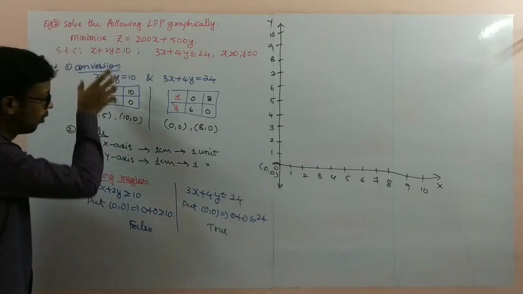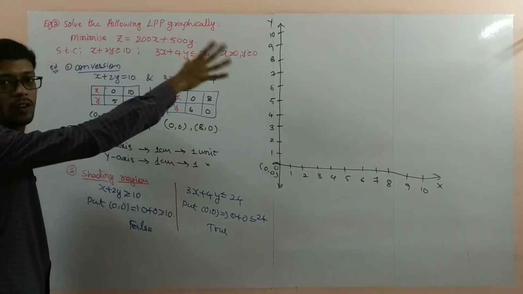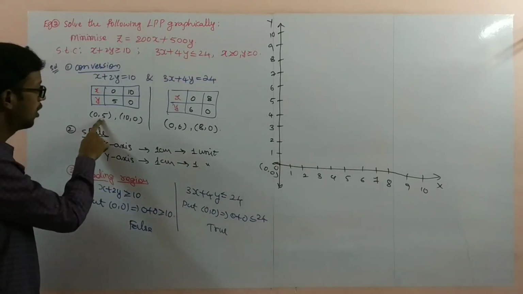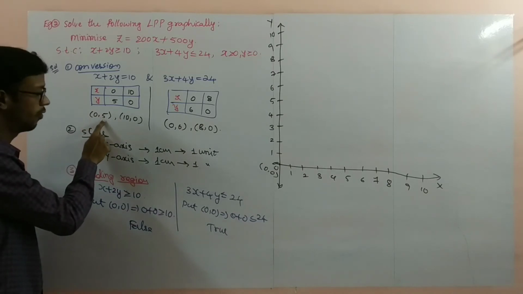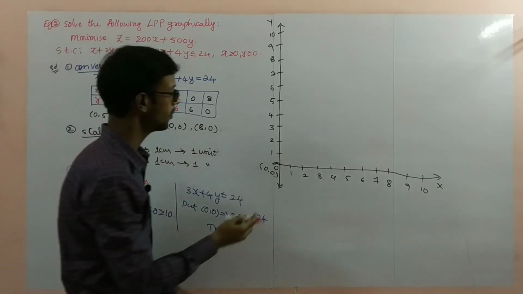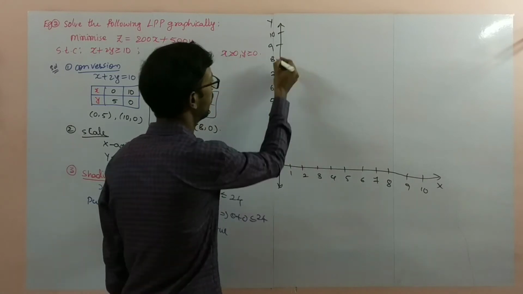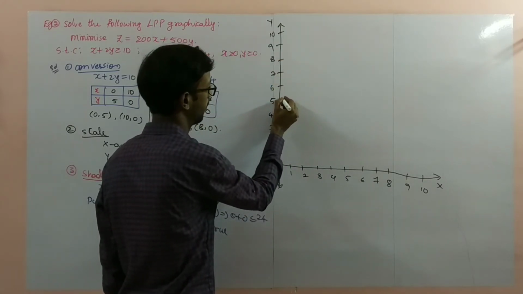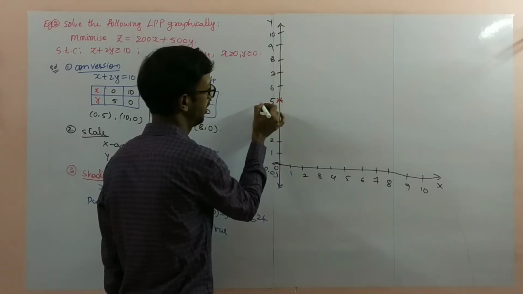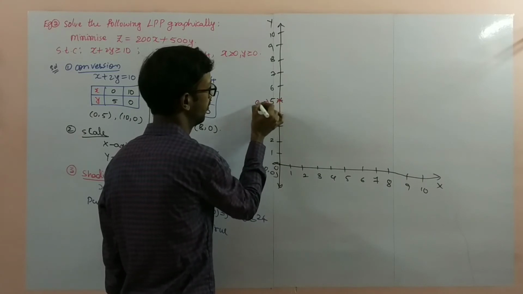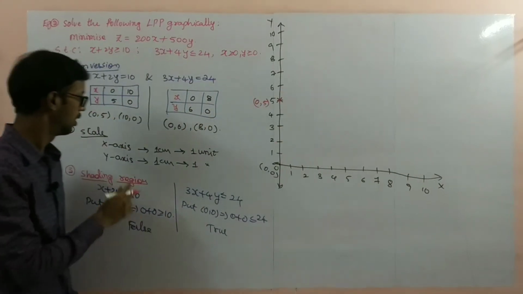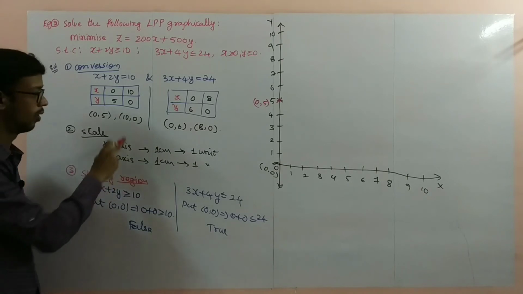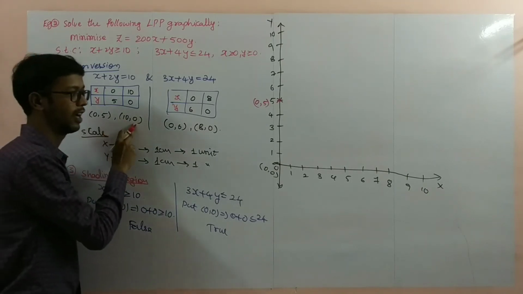So now first of all, I'll plot only the first equation in the graph. 0 comma 5: x is 0, y is 5. That point is 0 comma 5. Next, 10 comma 0: x value is 10, y value is 0.